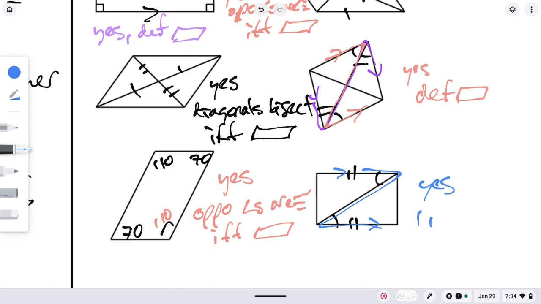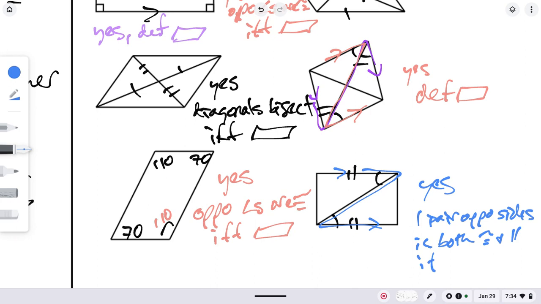one pair of opposite sides is both congruent and parallel. If and only if, or excuse me, it's not actually an if and only if situation because I don't really need that.